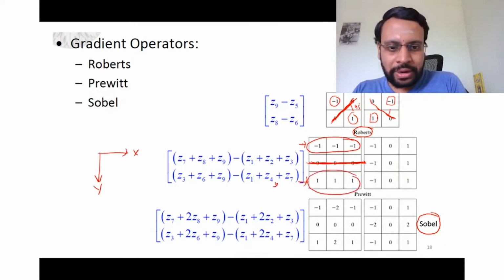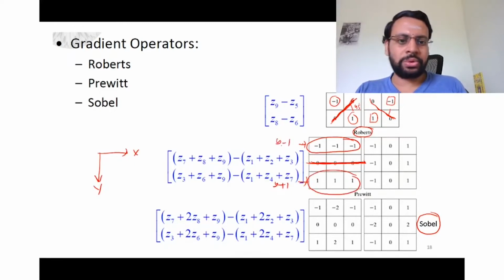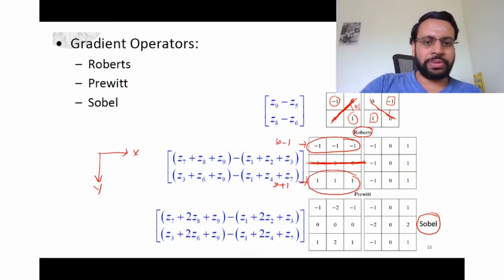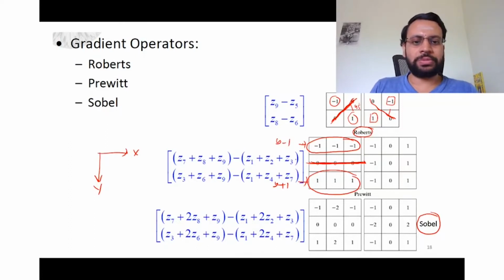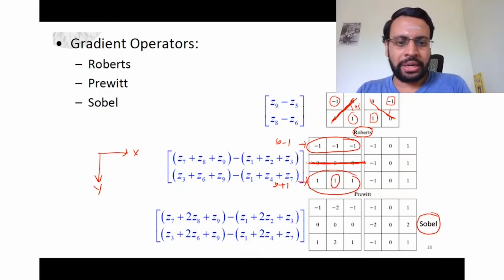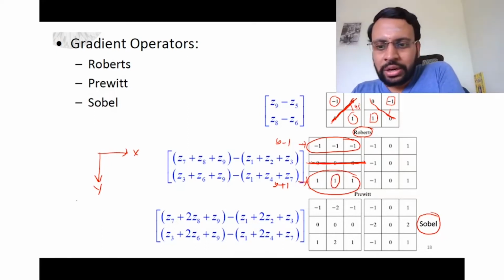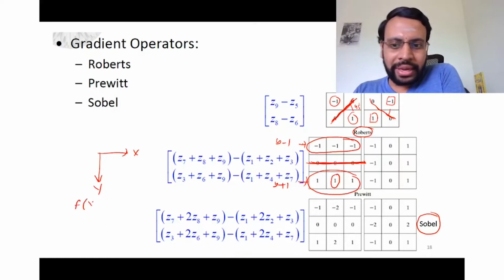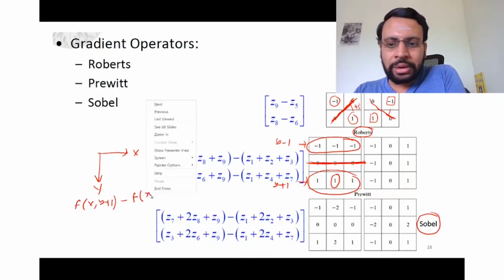This is at y plus 1 and this is at y minus 1. So you could see that this index would be y plus 1 here and this index would be y minus 1. So essentially, if you take this value, the one which I circled there would be equal to f of x comma y plus 1 minus f of x comma y minus 1.